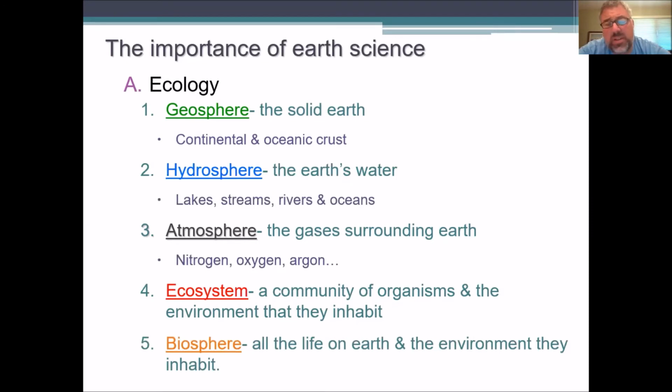And then to put it all together, all life on Earth is within the biosphere. And so if you go, I think it's about 8 kilometers below the Earth, which is like 5 miles, or 8 kilometers or 5 miles above the Earth, right?